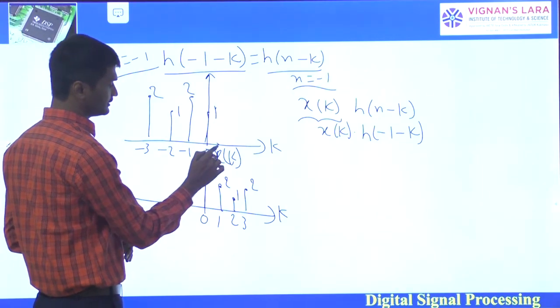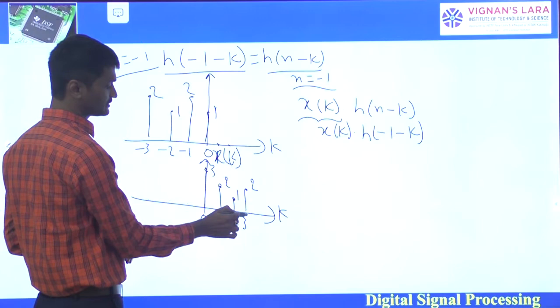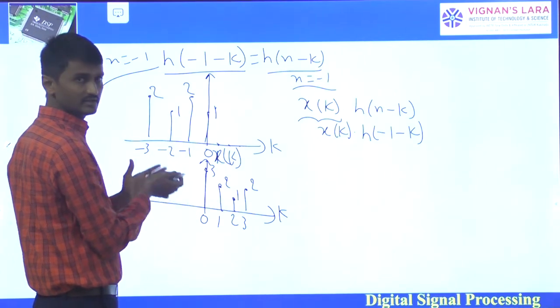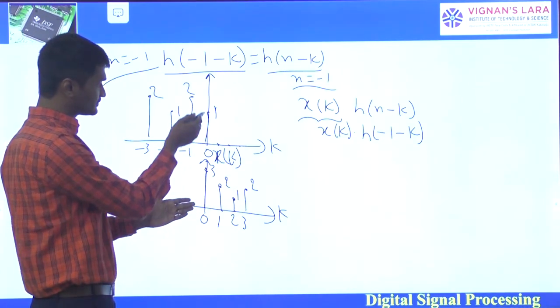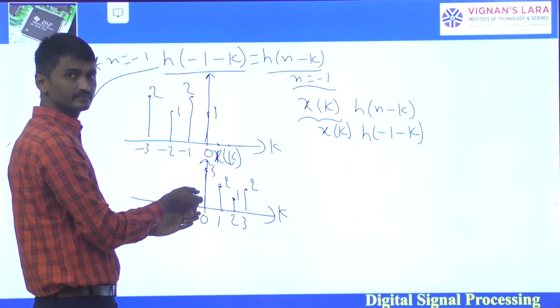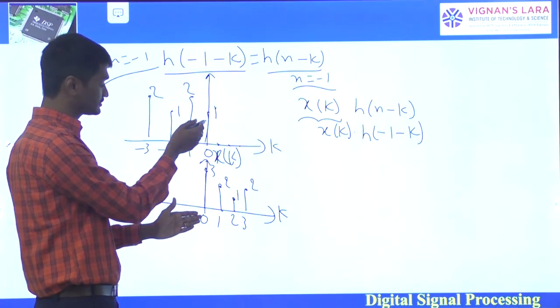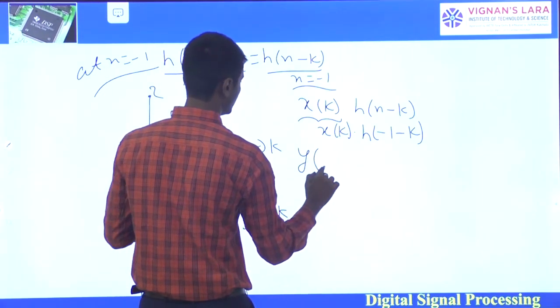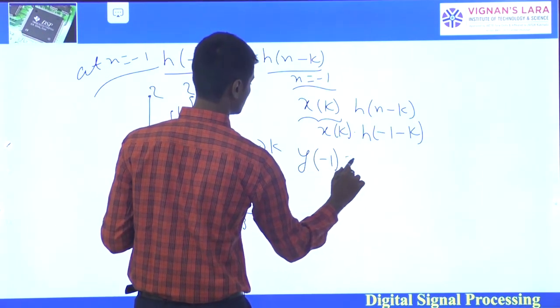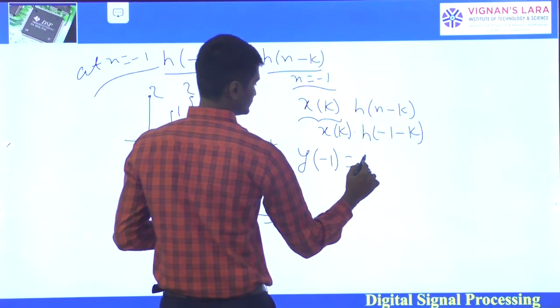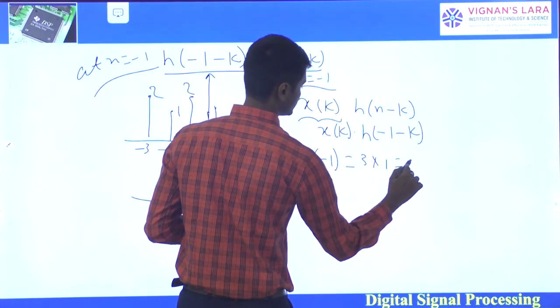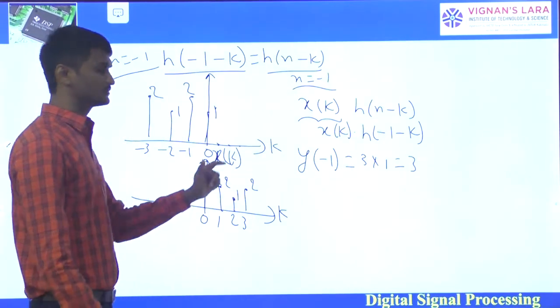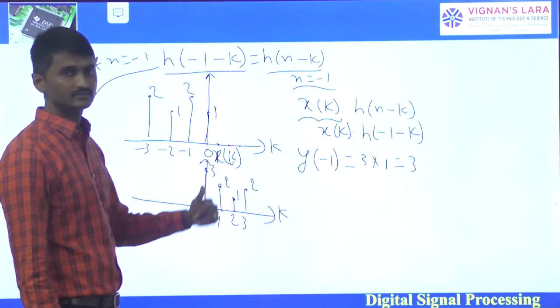At 1, 2 and 3, it is 0. Zero times anything is 0, so the only value we get is at k equals 0, that is y of minus 1 equals 3 into 1, which is 3.